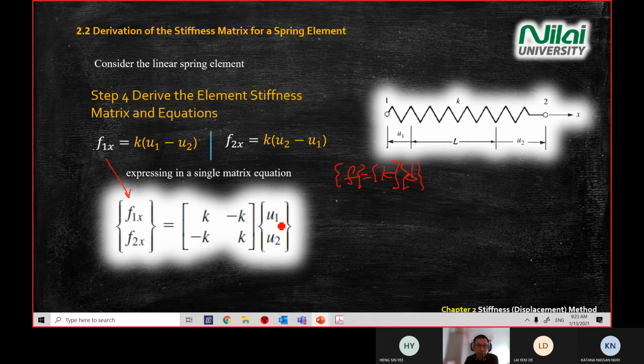I'm going to explain a bit on the matrix. How do you calculate the matrix? You know that F1x equal to, I'm going to expand the first equation, F1x equal to k u1 minus k u2. So how do you put it in the matrix form?